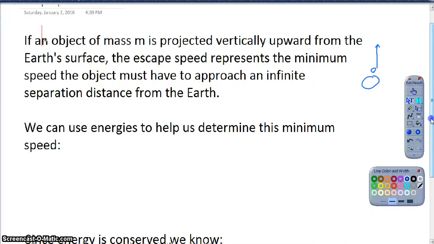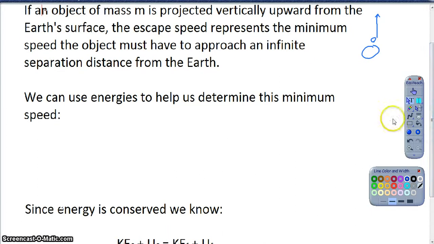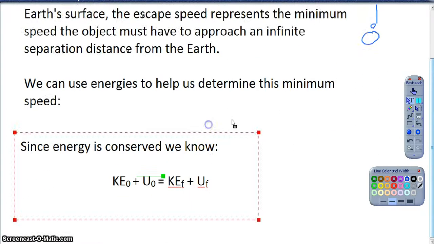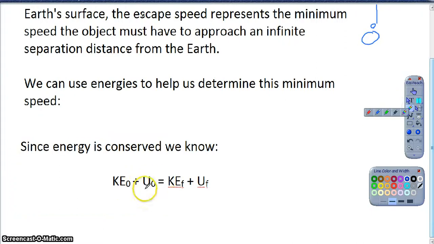Well, again, the key to solving this problem is that we're going to use energies to help us out, right? Since we know that energy is conserved, the energy when we launch it is going to be equal to the energy when we're infinitely far away. Well, let's start by thinking about the energy when we're infinitely far away. We know the final potential energy at that infinite location would be 0.